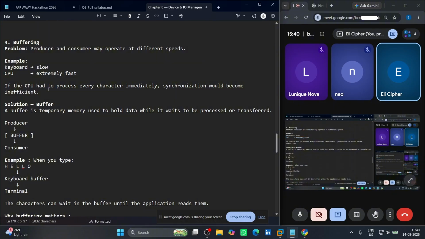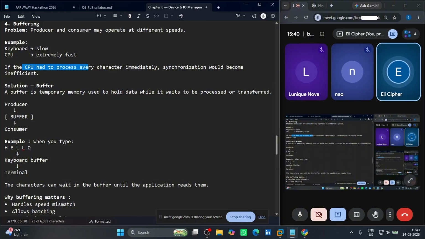At the time it was not that fast, but as our technology evolved, it is. Both the producer and consumer run at different speeds. If the CPU has to process every character immediately, synchronization would become inefficient.